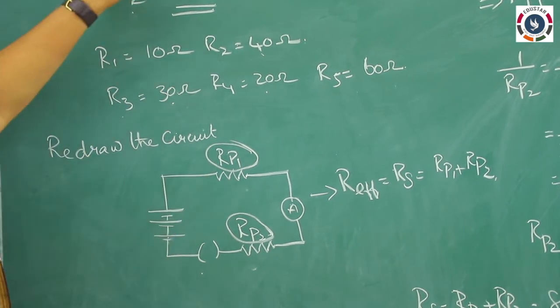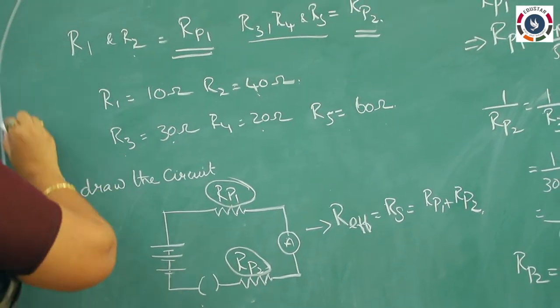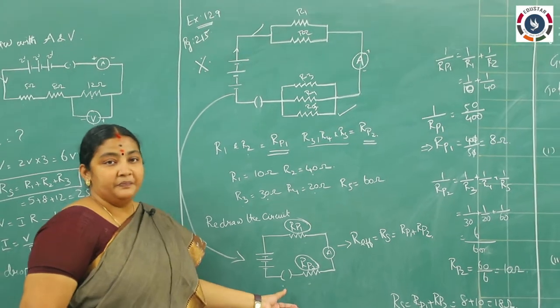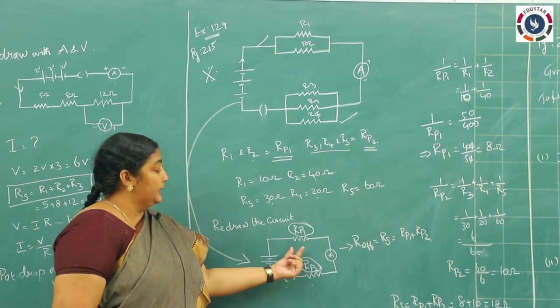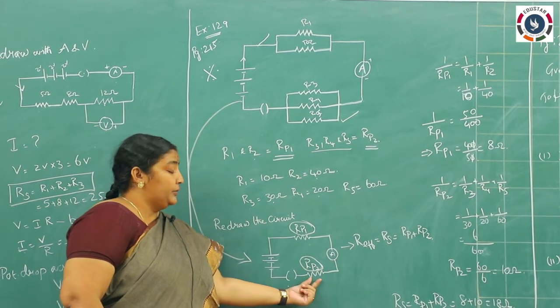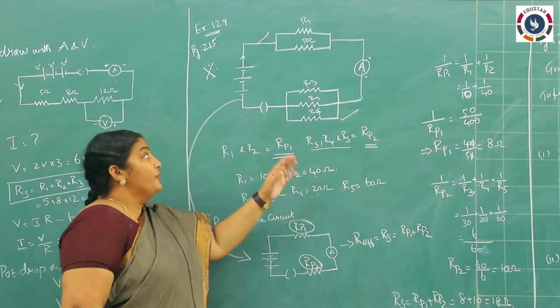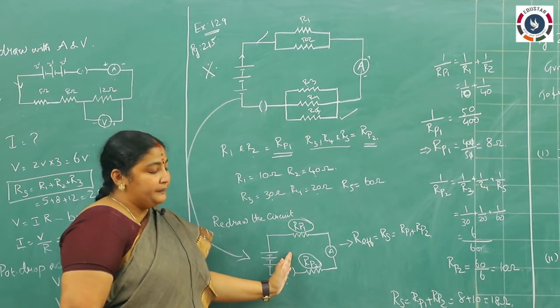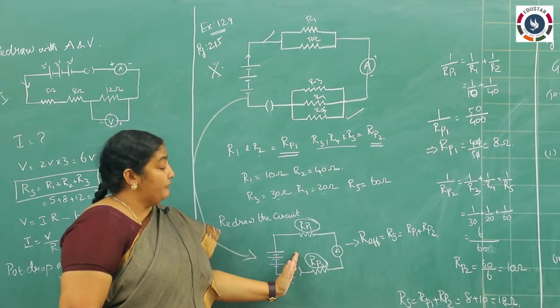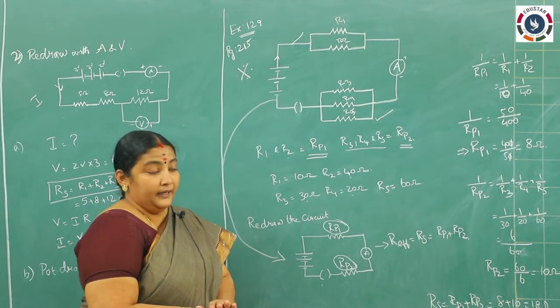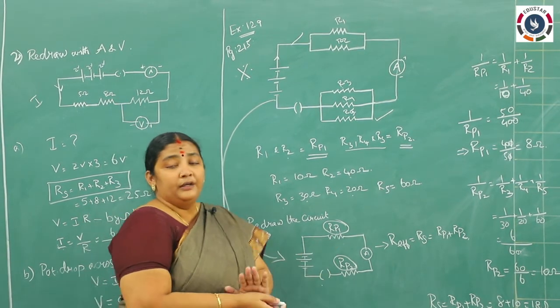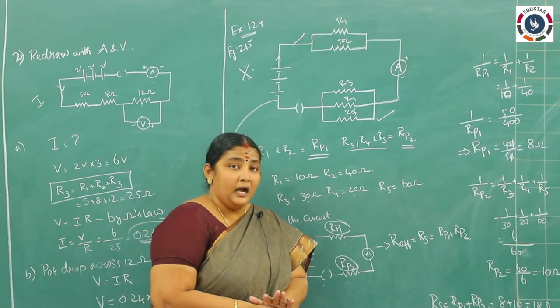Now this diagram is very simple and you are able to understand easily. Now you can conclude that RP1 and RP2 are connected in series, right. So now we have to find out our RP1 value and RP2 value.